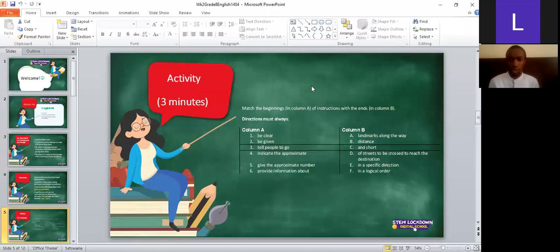So our 3 minutes will start now to do the activity. You match column A with column B.